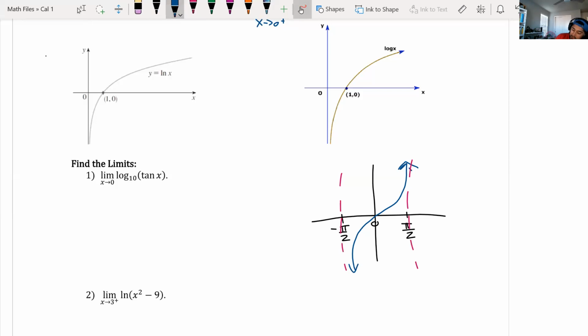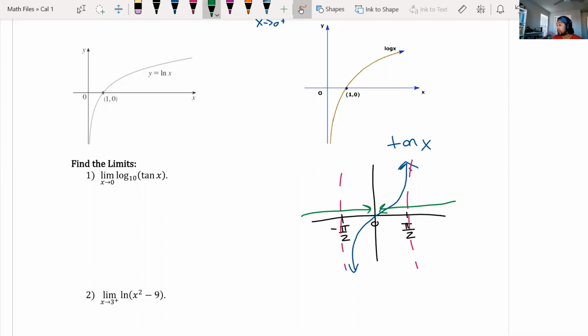Okay. So what we're saying is that as you approach 0 from both sides on this tangent function, so as you approach 0 from the left and as you approach 0 from the right, tangent is getting close to what number? 0. 0, right?